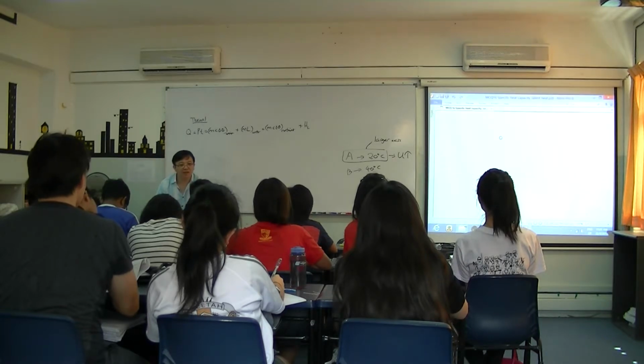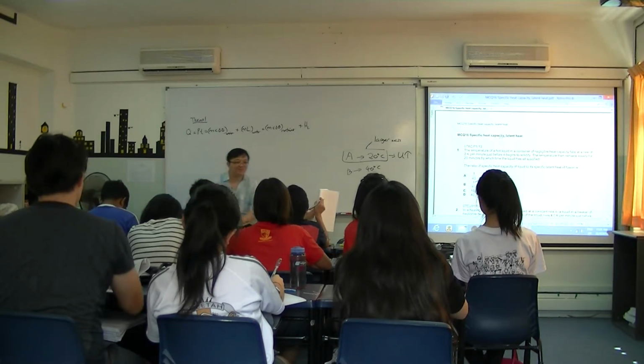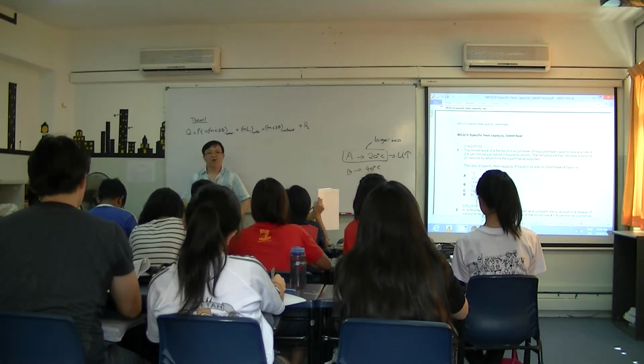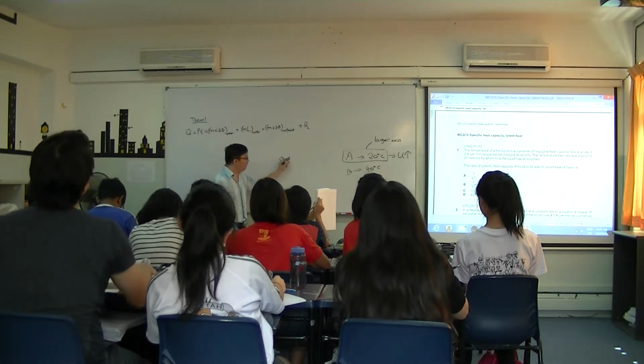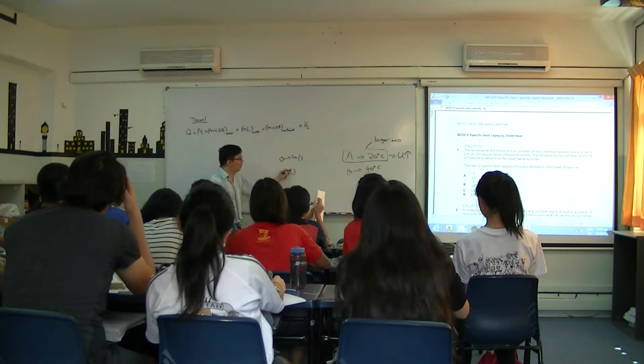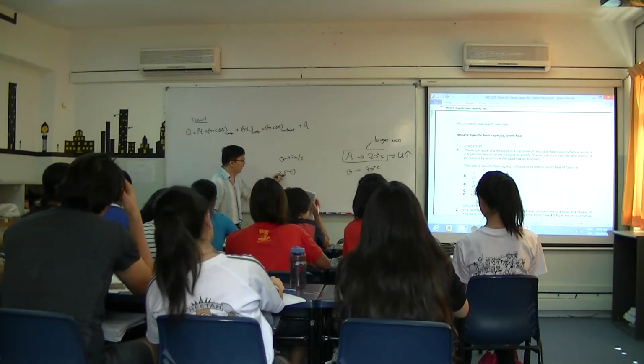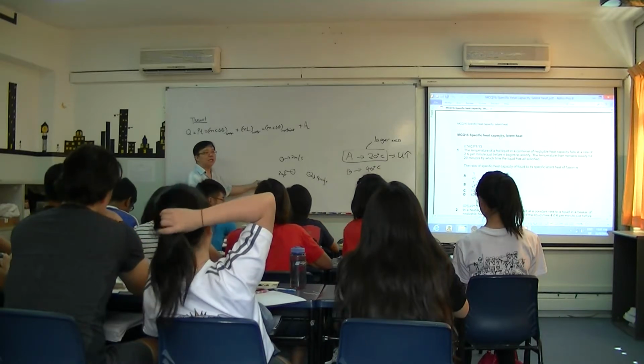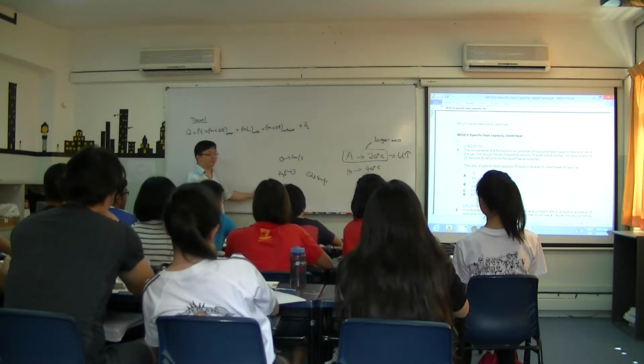The root mean square speed, then you square that. Oh, some still don't understand root mean square speed. Okay. Root mean square speed now. You have one molecule here, moving 2 meters per second. Another molecule here, 3 meters per second. Another molecule here, 4 meters per second. Okay, tell me, how to find the root mean square speed?